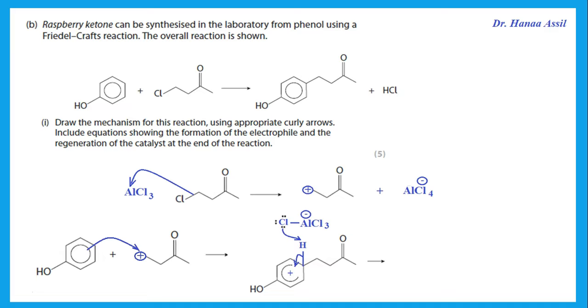Remember that that incomplete circle inside the benzene ring has to be opened at the carbon at which we added the incoming reactant, and then the AlCl4 minus will use its extra chlorine to remove that extra hydrogen and give its electrons to the benzene ring so that we get the product plus HCl and the catalyst is regenerated.